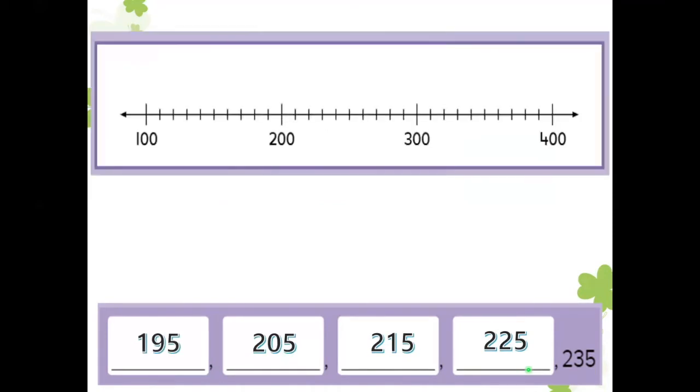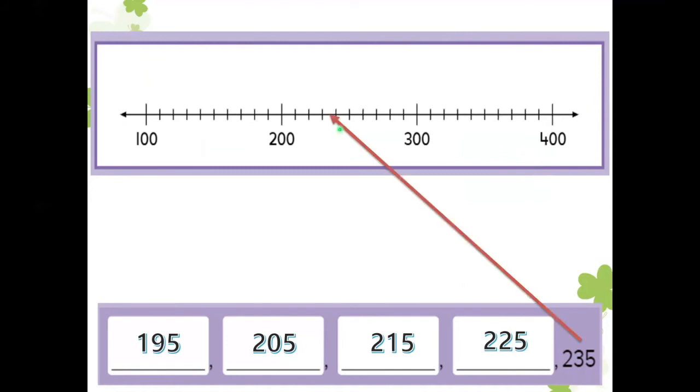So we're going to locate these numbers on the number line. So we have 235, 225, 215, 205, and 195. So we're going to put 235 here.